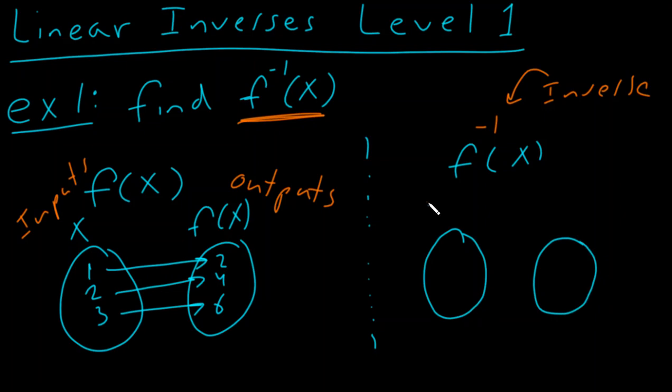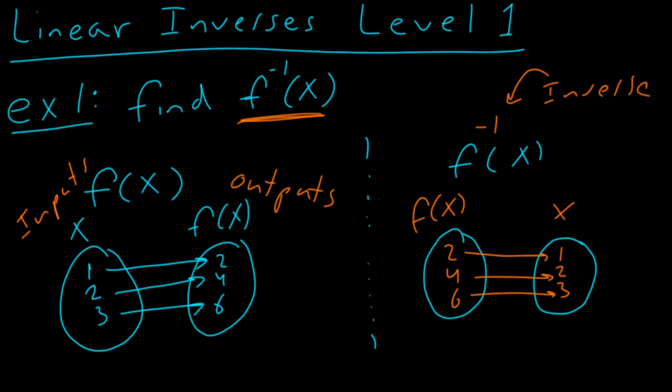Over here, here's f of x, and here's x. And so now our inputs are technically 2, 4, and 6, and over on the right we have 1, 2, and 3. Now notice the function is still one-to-one, but all you did was flip your inputs for your outputs.